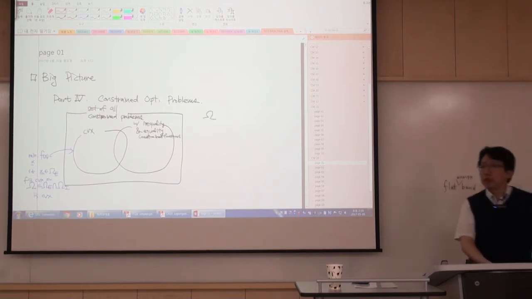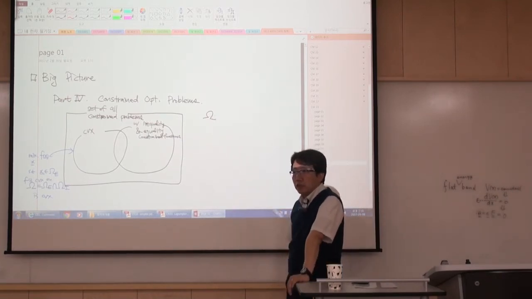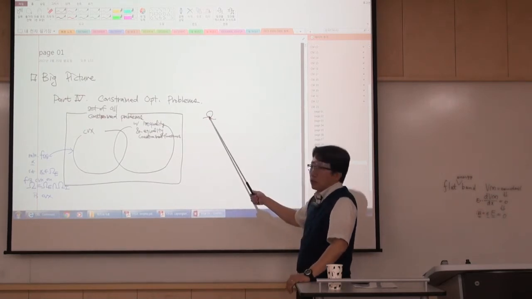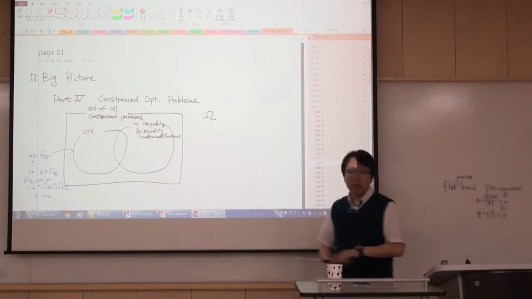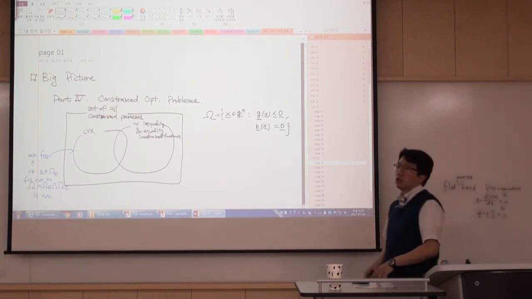Consider a general constraint set, or a feasible set. The question is: can this constraint set always be written like this? Of course not.